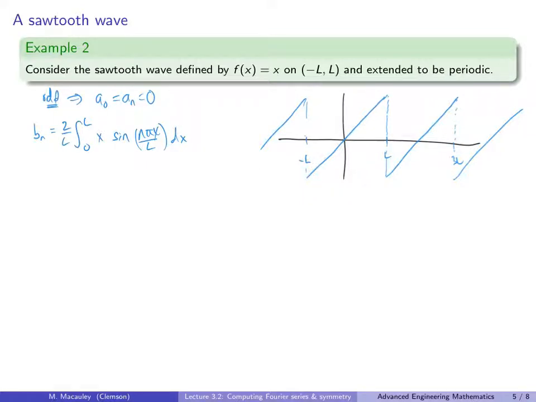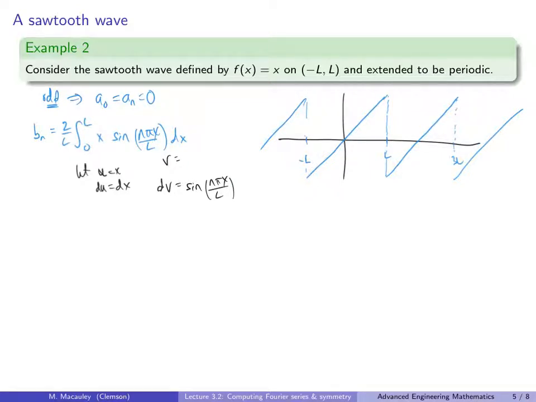So now I need to do this by parts. I need to let u be equal to x, and du be dx, and dv has to be this sine term. Oops, I meant to use my laser pointer. That's dv. So dv is sine of n pi x over L. And then v is cosine.